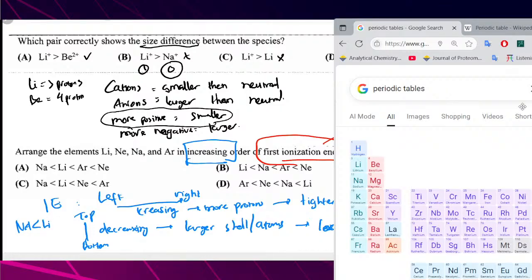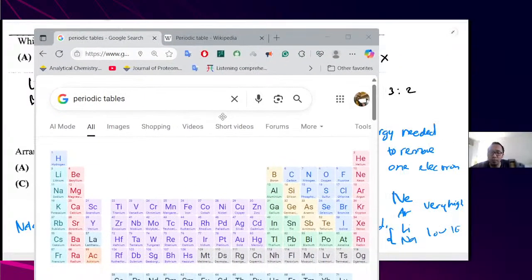Now we compare neon and argon. Both are stable, so we need to see which one has more shells.